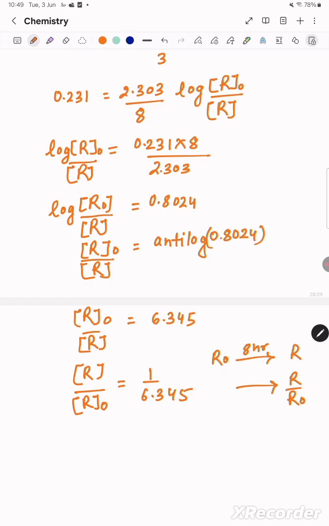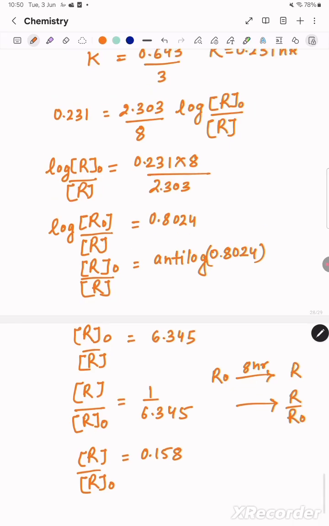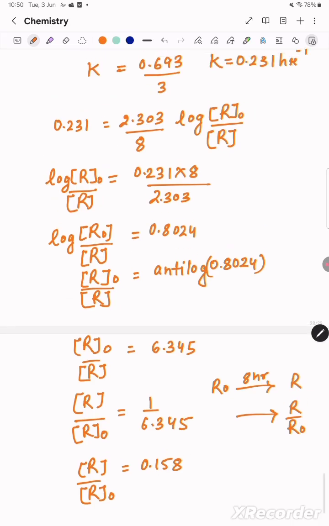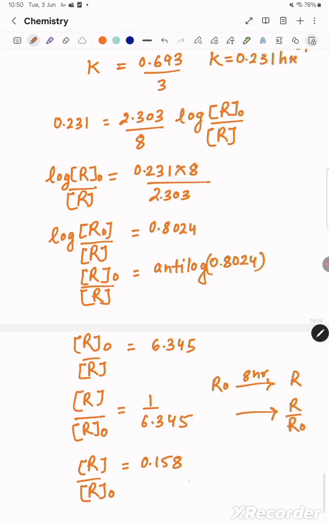So after calculating, the fraction of sample R upon R naught is equal to 0.158. So this is the fraction of sucrose after 8 hours. So this is the answer. This is how you calculate this.